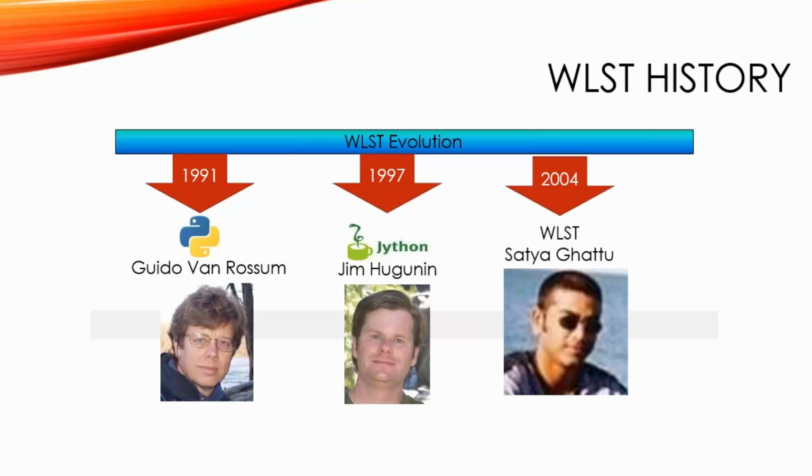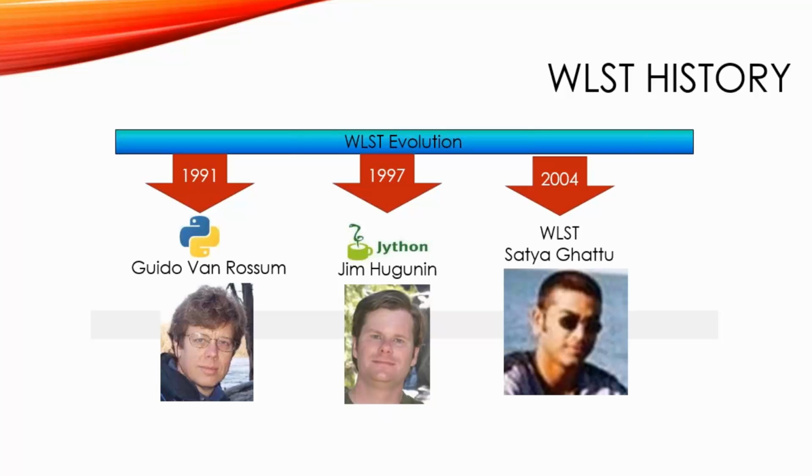That was because Jim Hugunin didn't take ownership of it, and he left for Microsoft and created another language, IronPython. Satya Gattu initiated the WLST project in WebLogic when he worked with BEA in Bangalore, Hyderabad. In this journey, he included Python capabilities into WLST.